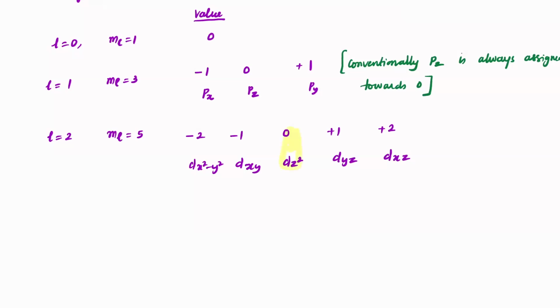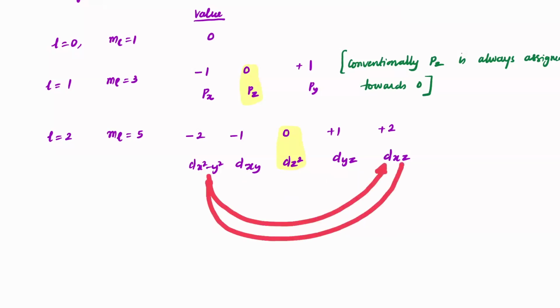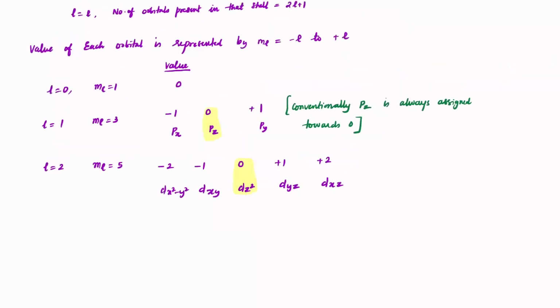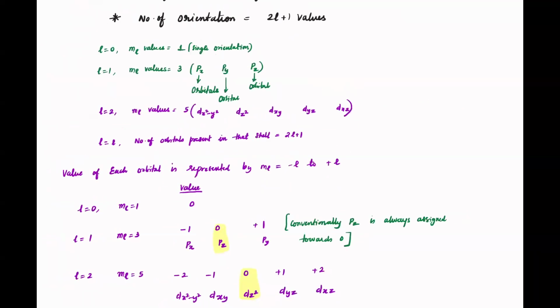So z is conventionally always assigned towards 0, whether it is in the form of pz or dz square. The rest of them are interchangeable. I can make dxy here and yz here, that is not going to make any difference. I can exchange these two. There is no problem. Only one thing conventionally we follow: dz square and pz are always assigned towards 0. Clear, everybody? These are the values that we will assign.